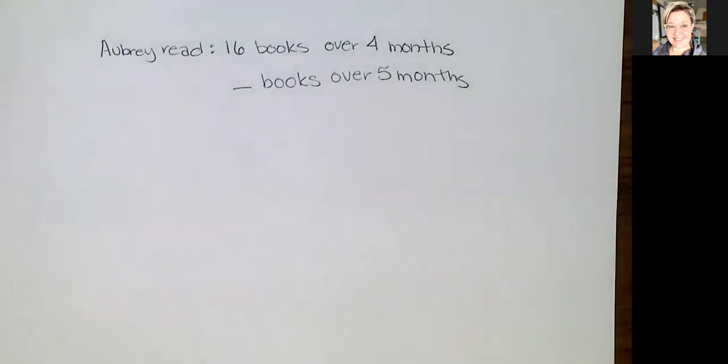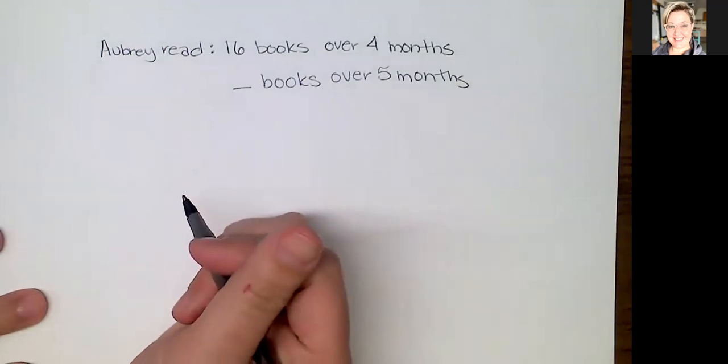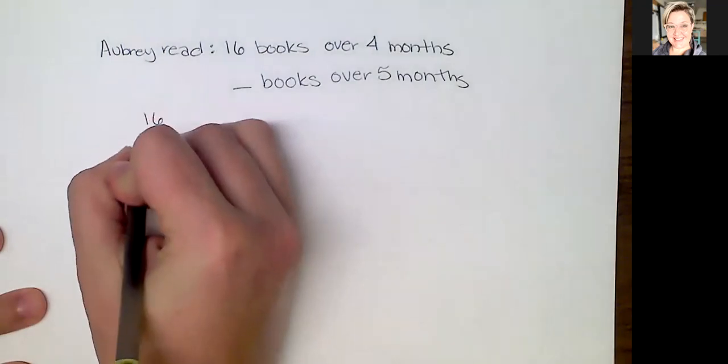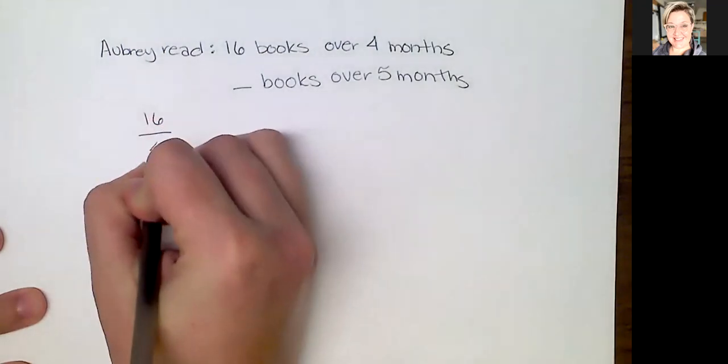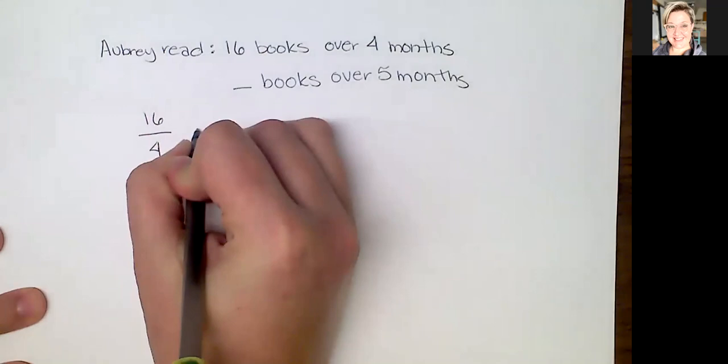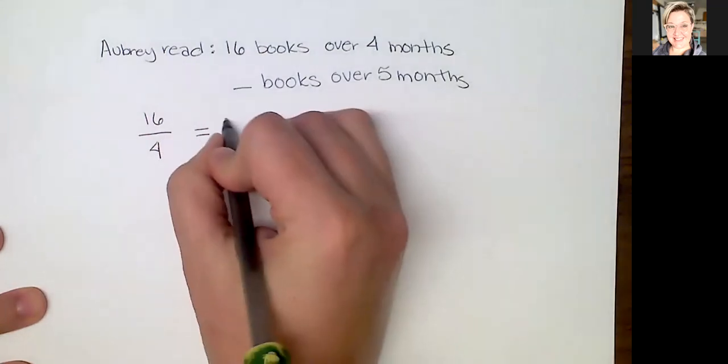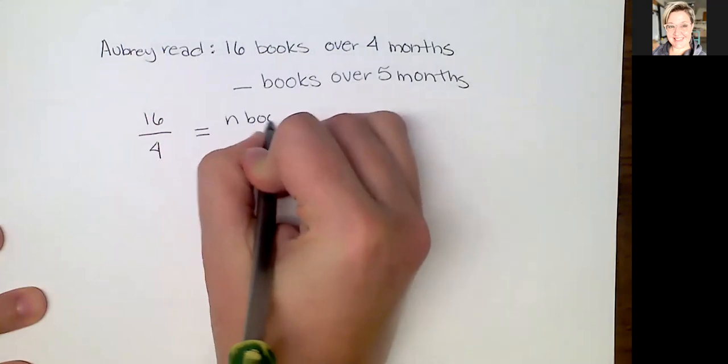So what we're going to do is make sure we write those as a proportion. Okay, so we have 16 books over 4 months, and that's going to be proportional or equal to n books.